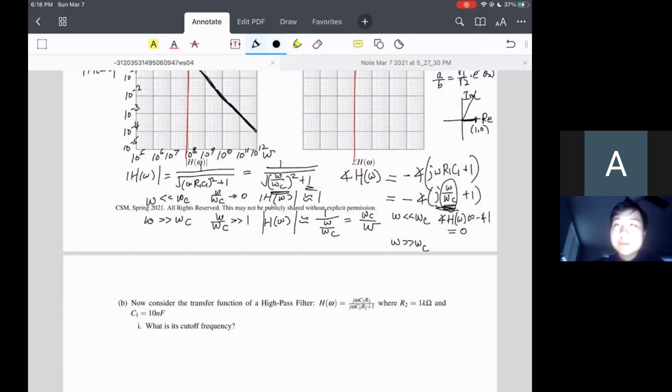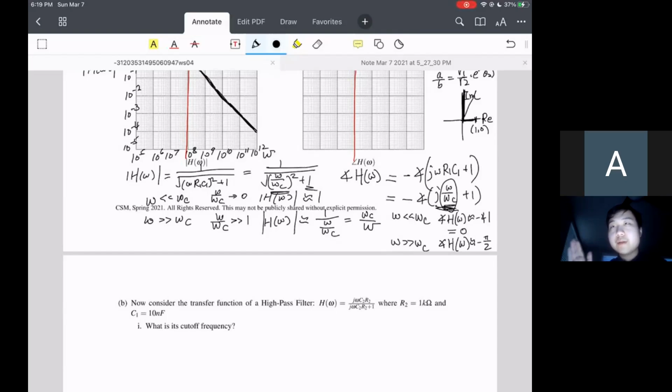As omega goes to infinity, it's going to tend to j times omega over omega c, whose phase we know is pi over 2. So the phase of H of omega just tends to negative pi over 2.